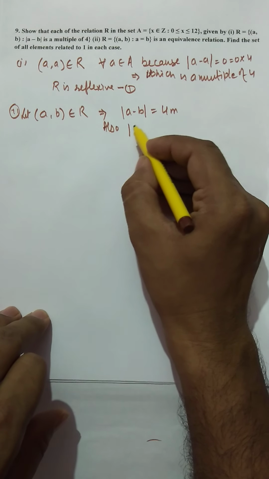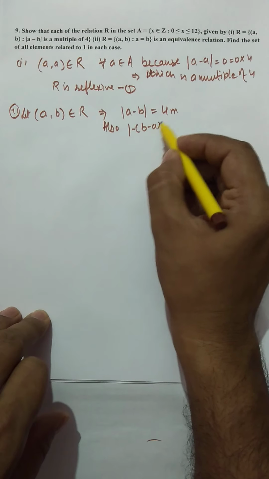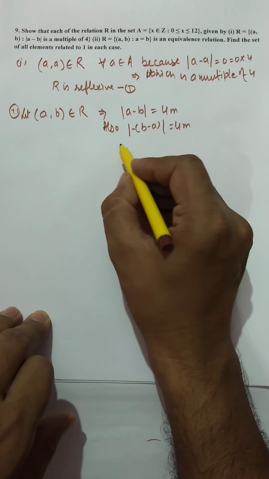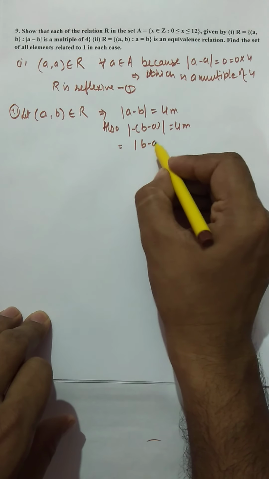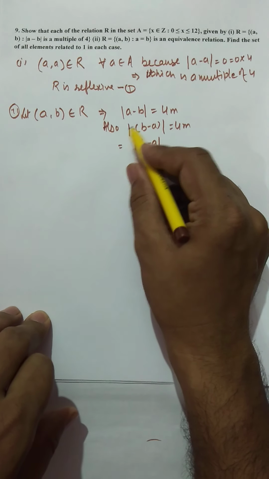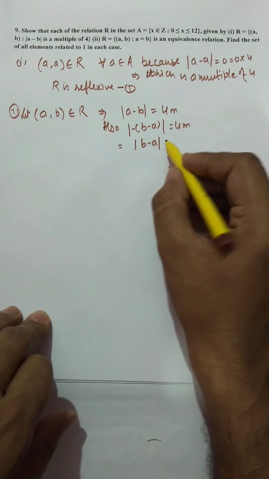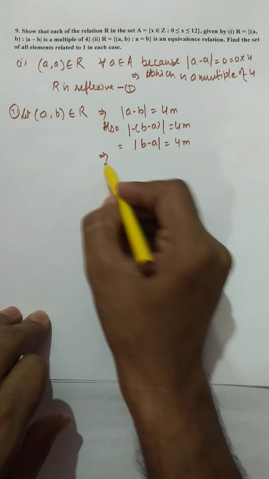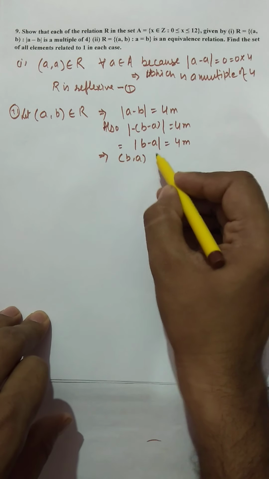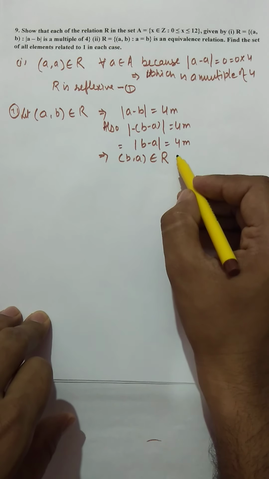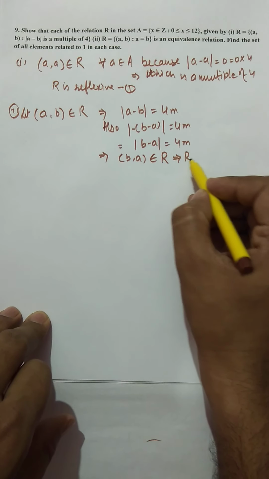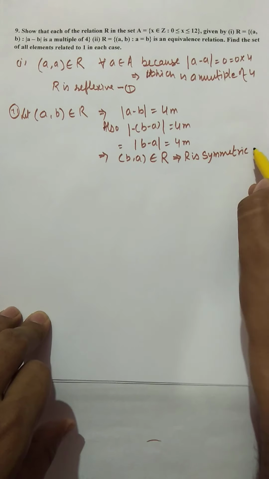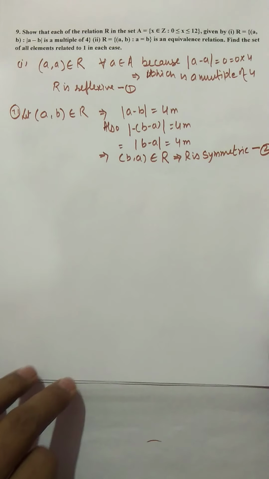Also you may write it like this, b minus a equal to 4m, because this is the modulus sign, if minus is there it will make it positive, so this is going to be 4m. So it implies that (b, a) belongs to R, and it means that R is symmetric. So mark this as 2.